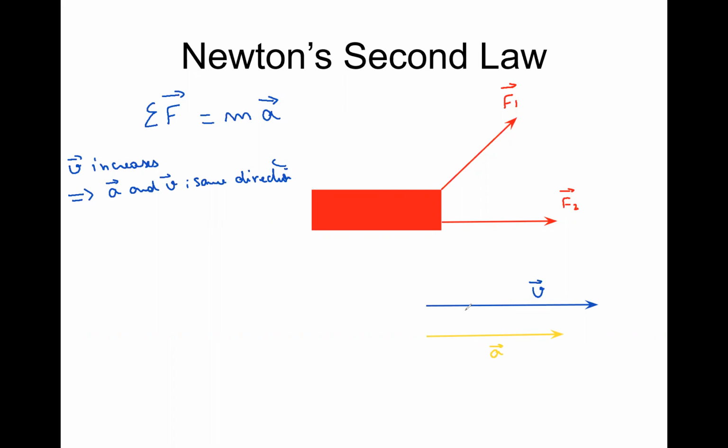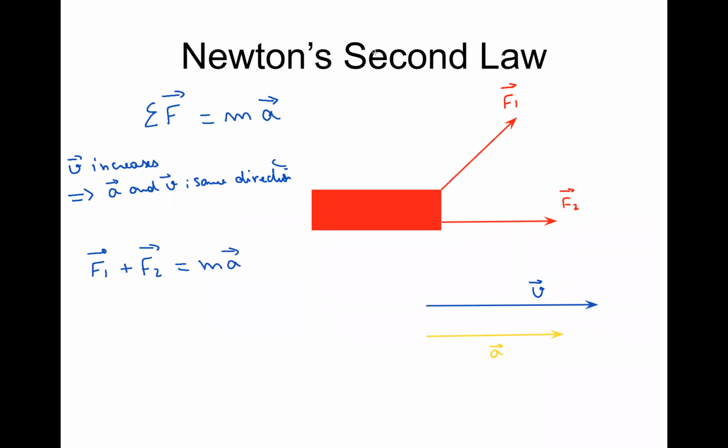Let's apply Newton's second law. Here we have the summation of F. We have F1 plus F2 equal MA. Second, we can draw the components of each one.